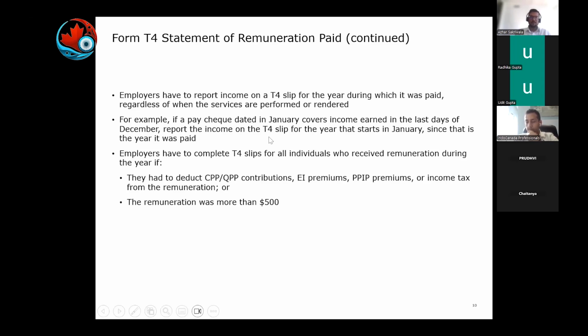The T4 would have details of all your salary that has been received by you, and also the social security deductions, which are contributions towards CPP and EI. If you're making contributions to the company RRSP, it will have your portion of contributions reported. And if you're receiving any non-cash benefits, those will also be reported in designated boxes of the tax slip.